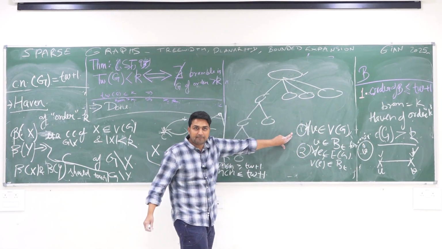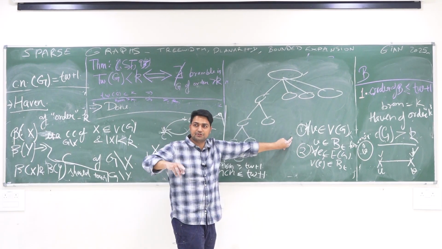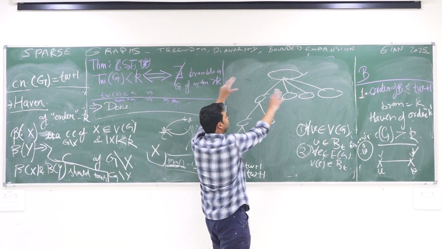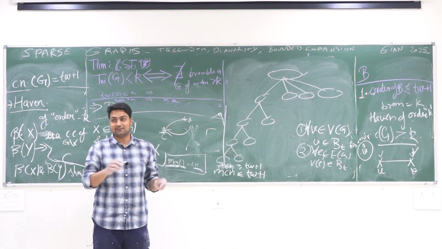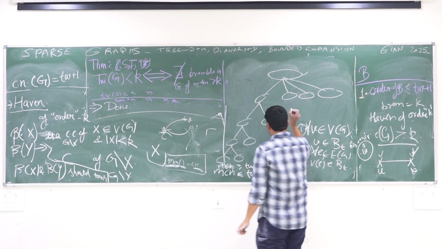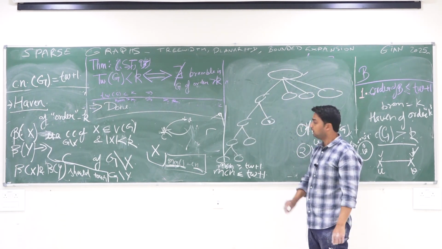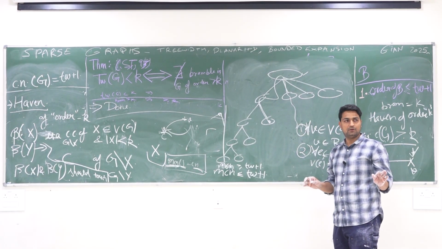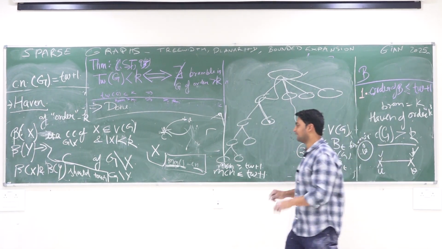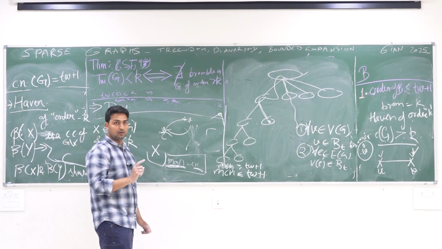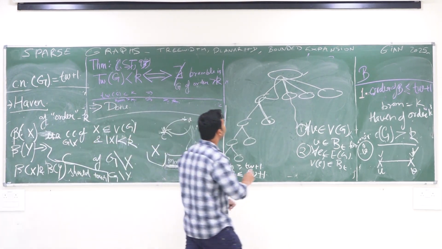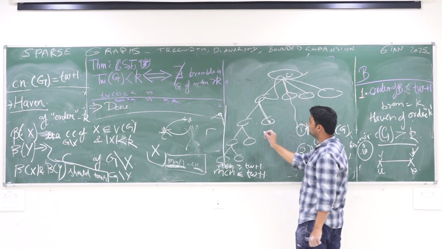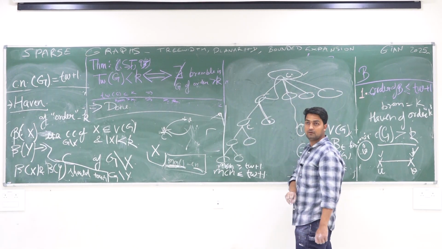So, if you remember, these two are our conditions of this thing being a tree decomposition. Our third condition is that if a vertex V appears somewhere, the subtree induced by the bags it appears in should be connected. This is our third condition. And this is taken care of by monotonicity. Why is it taken care of by monotonicity? Let's say that I shot at a vertex here, and somewhere here I shoot at it again.